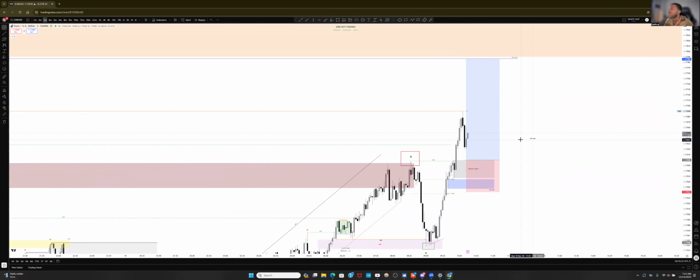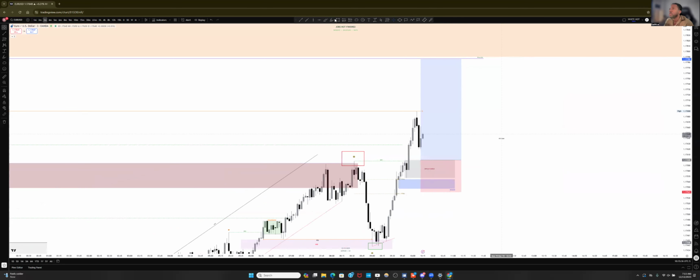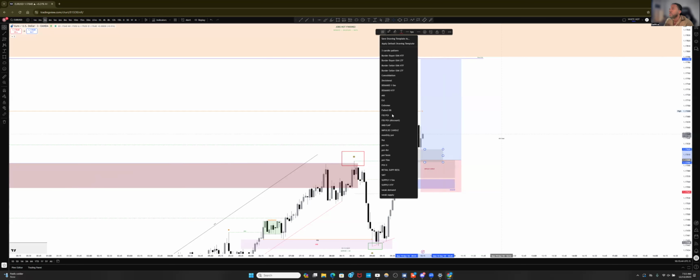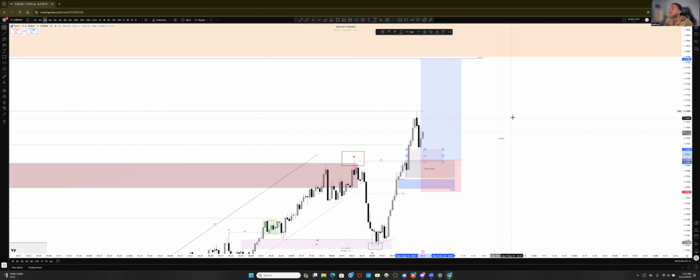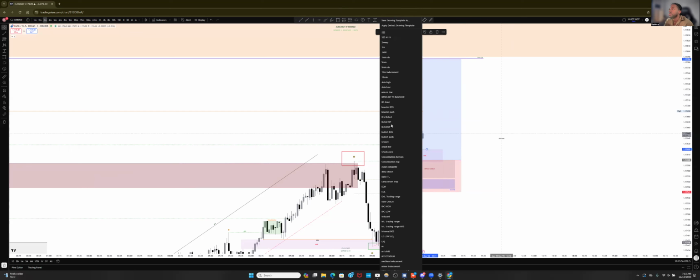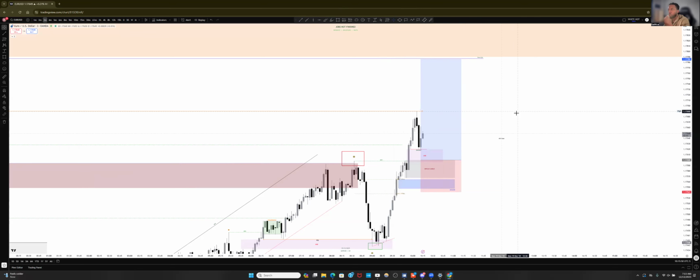That too is possible, being that we have this imbalance here. This imbalance could be a zone price reacts from. As you can see right now, we have this 3 tap right here of a buildup. So price can do an inducement within here and the imbalance.